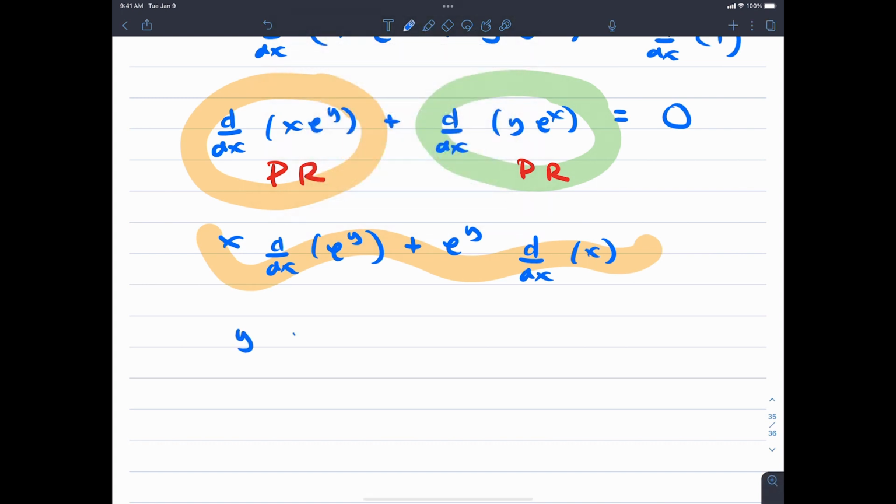So this is y d/dx of e to the x, plus e to the x dy/dx, and that will equal 0. So here's the second product rule.